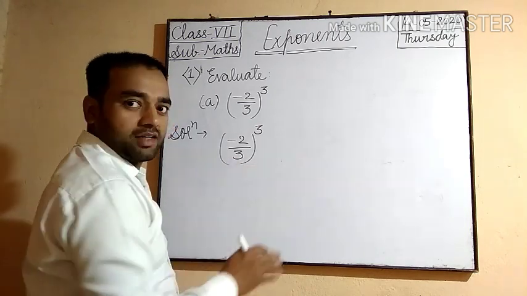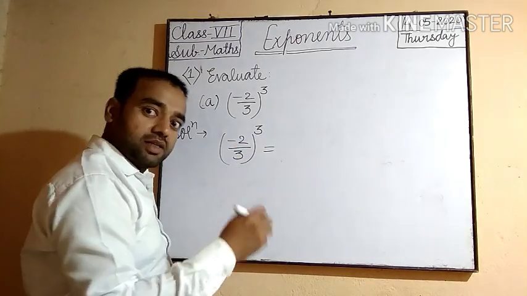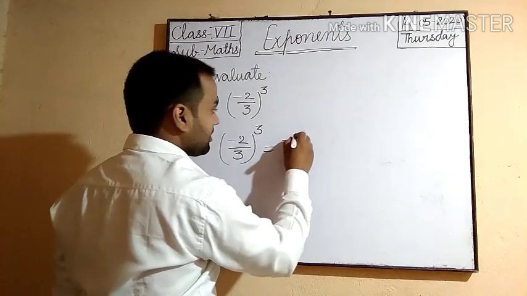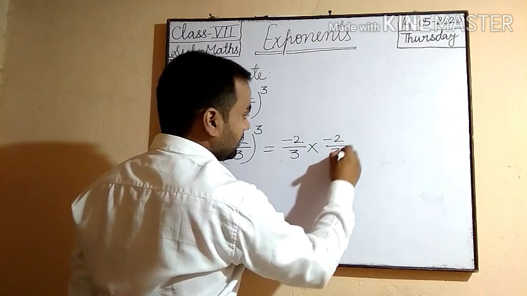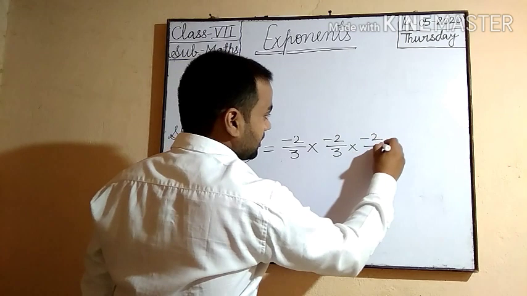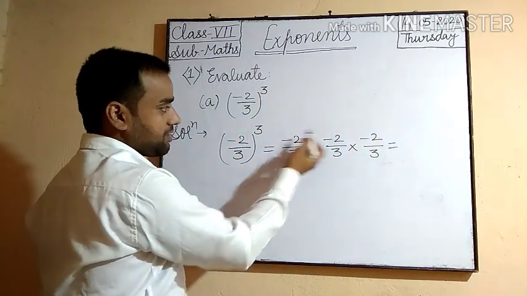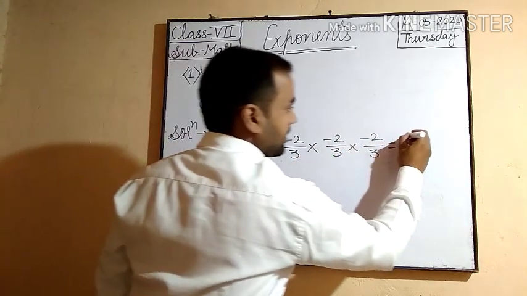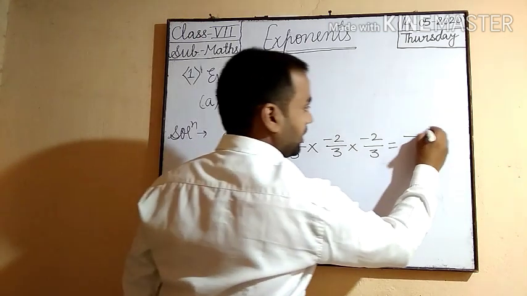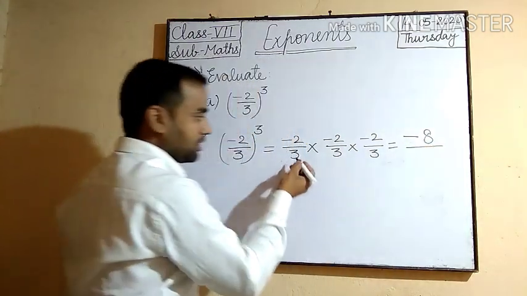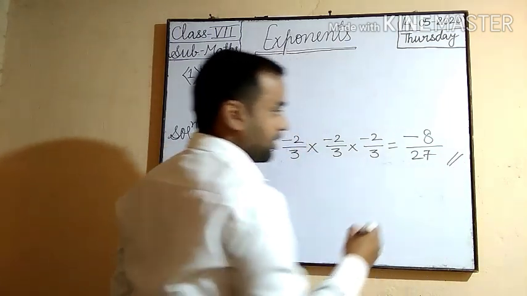So to evaluate, the power is 3, so the term is repeated 3 times: -2/3 into -2/3 into -2/3. First the sign: minus minus plus, plus minus minus, so the sign will be minus. 2 twos are 4, 4 twos are 8, upon 3 threes are 9, 9 threes are 27. So -8/27 is your required answer.